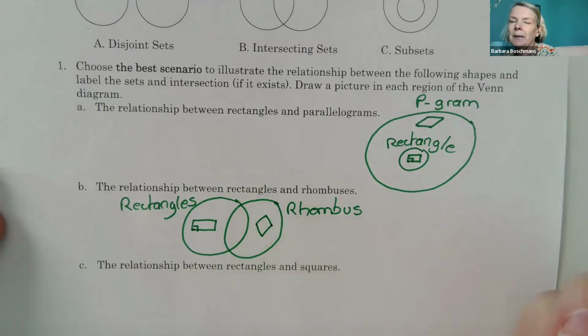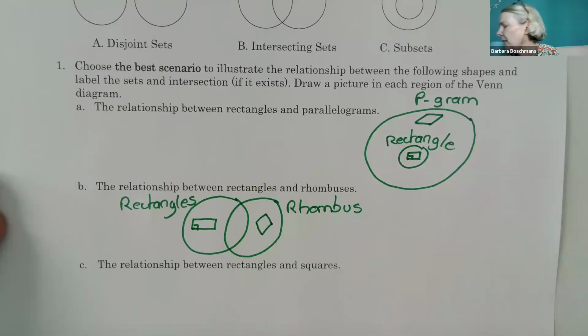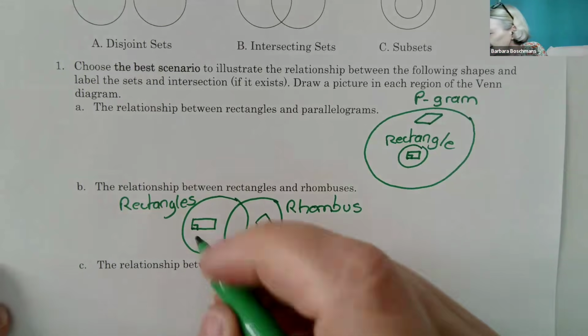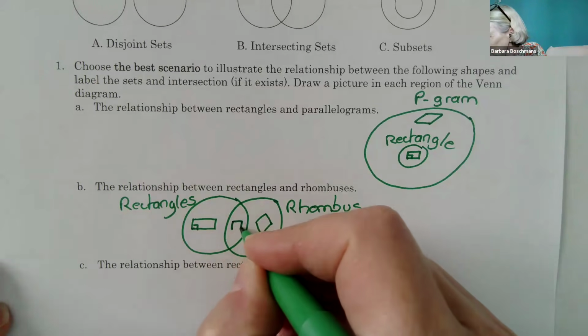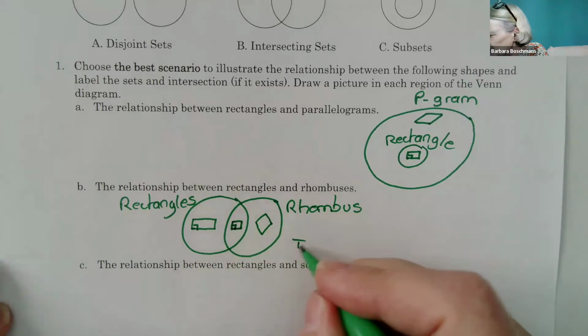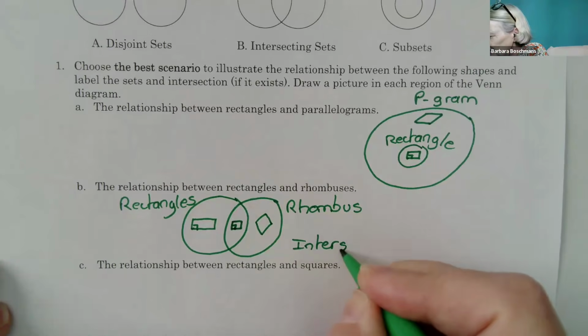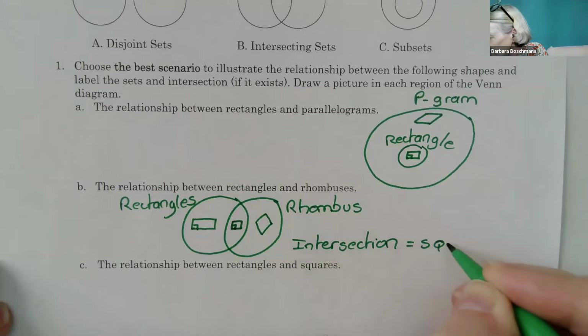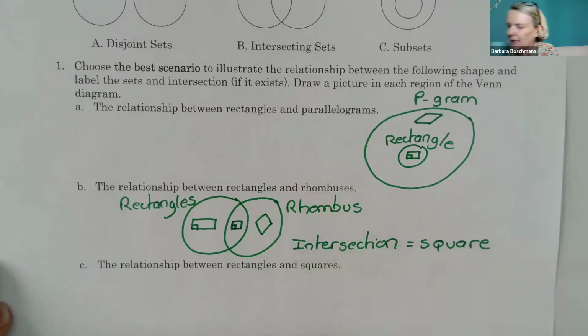The rhombus can be our blue parallelogram in our pattern blocks, for example. Now we need to think about a parallelogram that has a 90-degree angle, but also has all equal sides. I think the middle here is going to be a square. The intersection is a square.